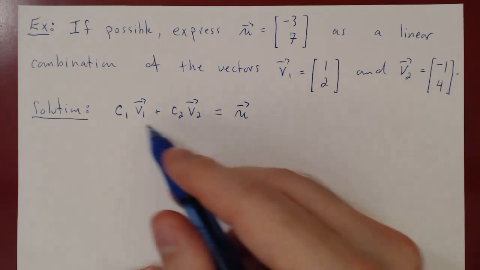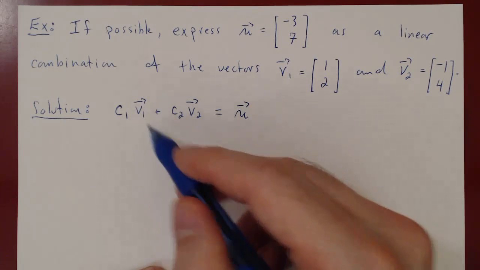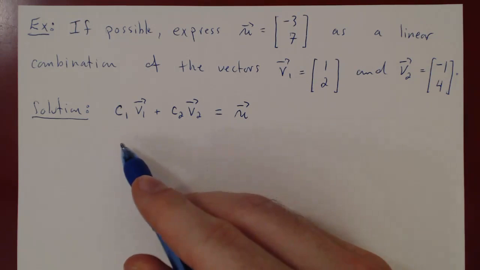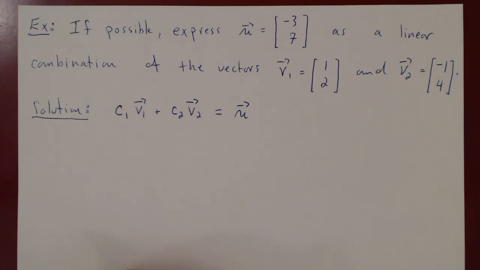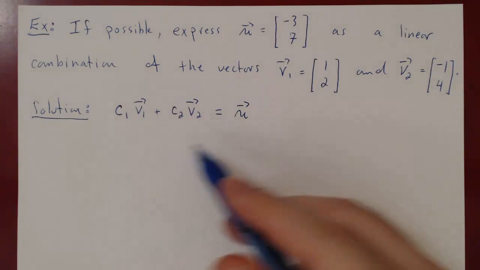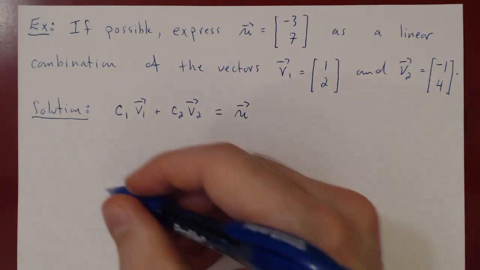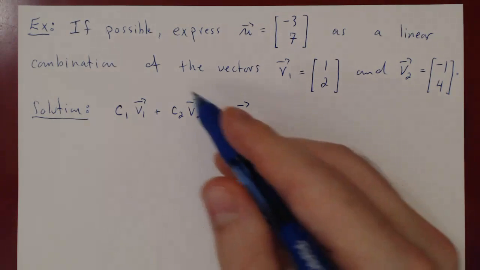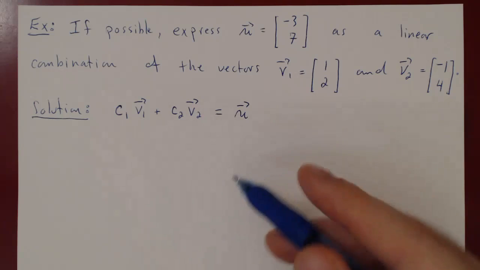Therefore, expressing vector u as a linear combination of the vectors v1 and v2. Well, we know how we can rearrange this linear combination as a linear system. And let's just, for now, check that we're okay. But later on, you don't have to check this again.